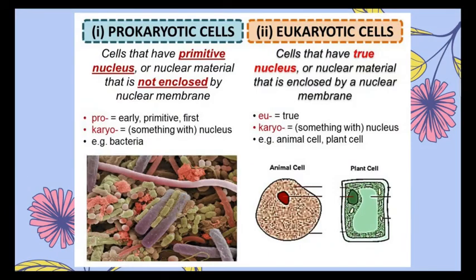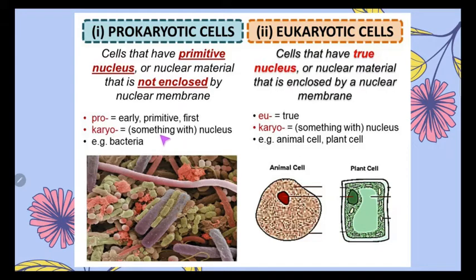Okay, prokaryotic cells. What is the definition or the meaning of prokaryotic cells? So it is actually cells that have a primitive nucleus. Primitive here means early or first. Or nuclear material that is not enclosed by a nuclear membrane. So karyo is something that has to do with the nucleus.